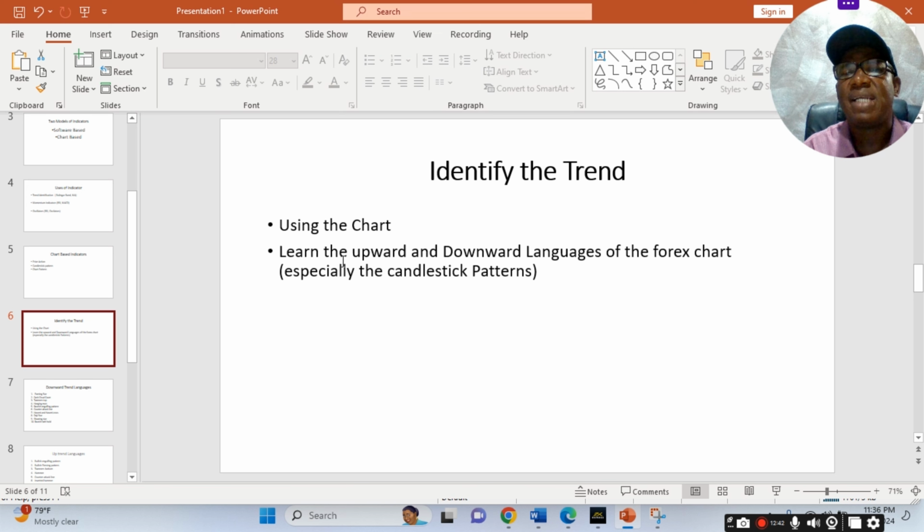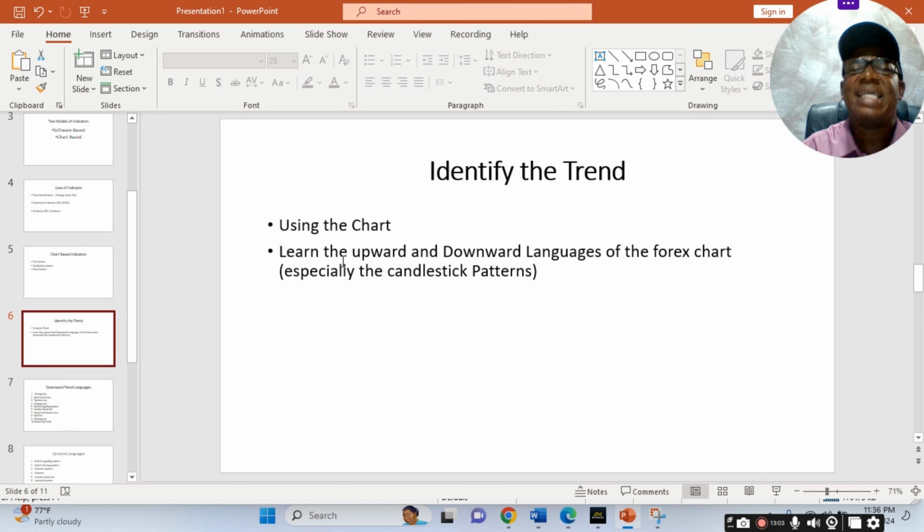So learn to trade one direction at a time. If the market is upward, then you will wait for a retracement where you trade upward. If it is downward, you wait for a retracement where you trade downward.